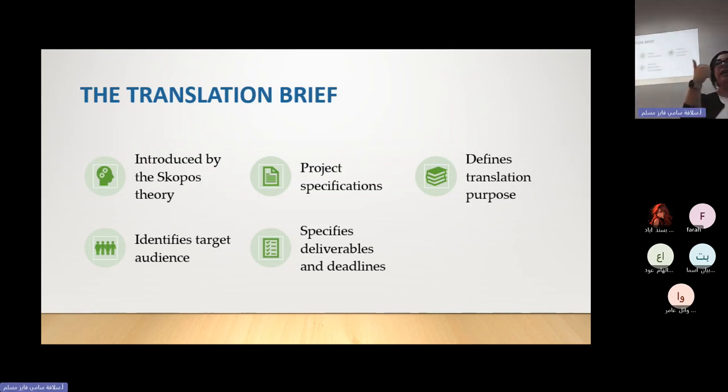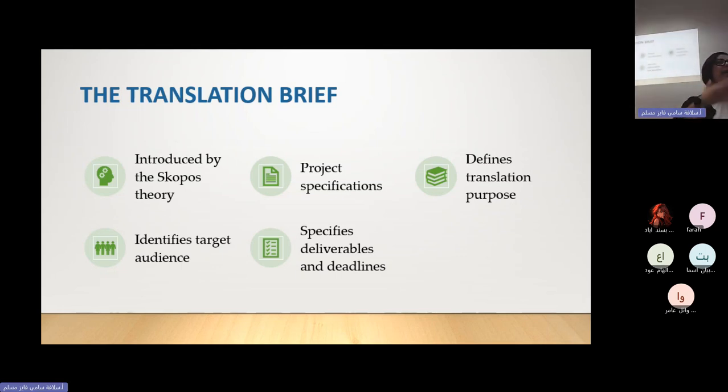Because scientific and technical translation is not like, for example, literary translation, where you take your time, you go with your imagination, you write whatever you want, however you want it, okay? This has a timeline, okay? This has deadlines.